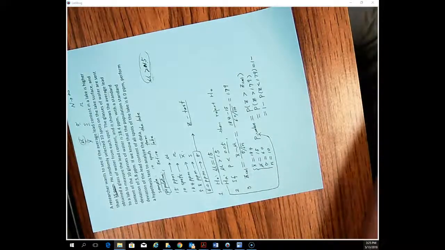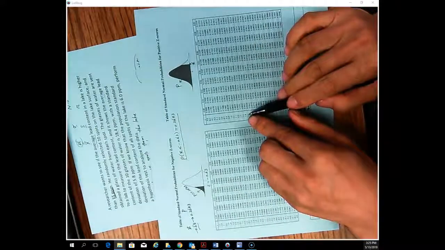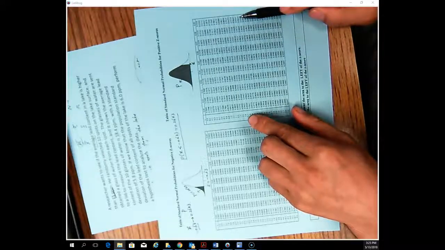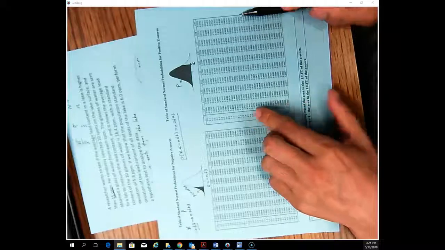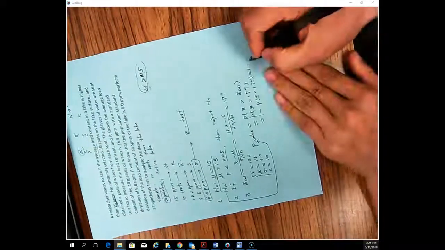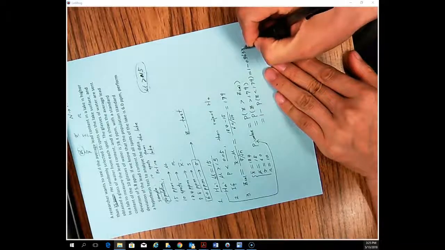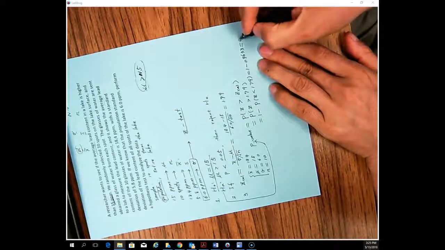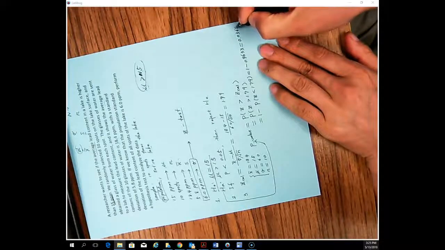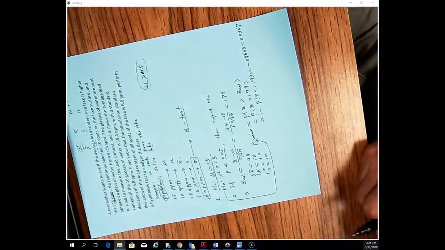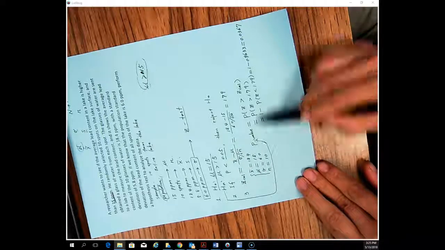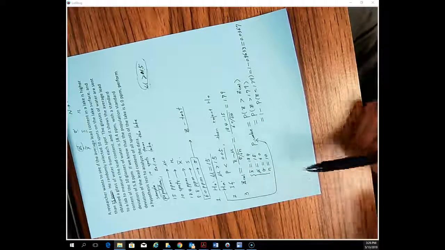With 1.79, if we look up on the Z table, 1.7 is here, 0.09 is here, so we got 0.9633. And if you do the math, 1 subtract 0.9633, that's 0.0367. So we can use calculator to calculate that. So we calculate the test statistic Z, and we find the p-value from Z table. So step 3 is done.